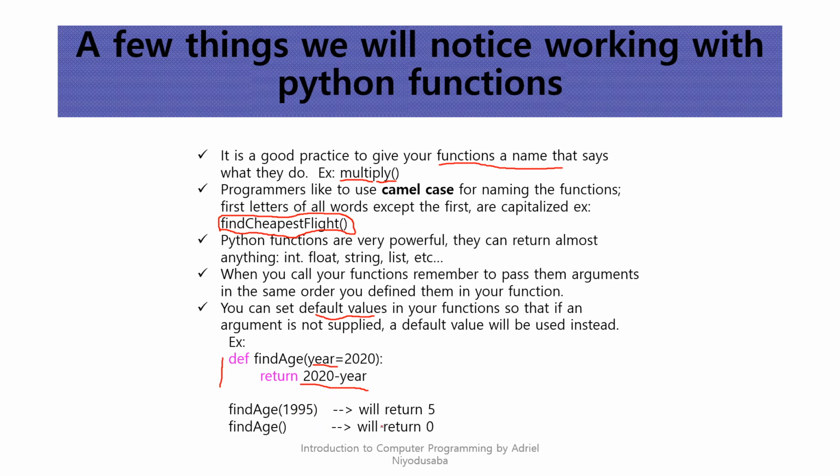On the contrary, if you do put in the year argument, then it will use it and give you the answer which you want. So if we give in an argument, it will be used. If you don't give it, the default one will be used. And to use it, just add an equal sign and 2020, the default value you want.